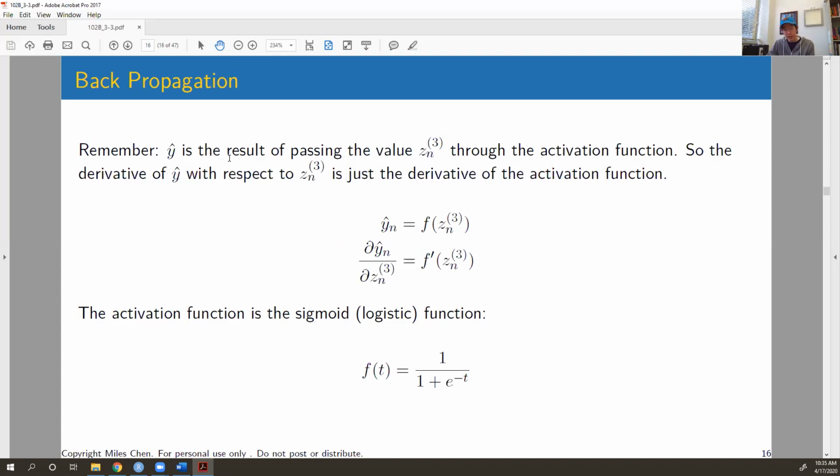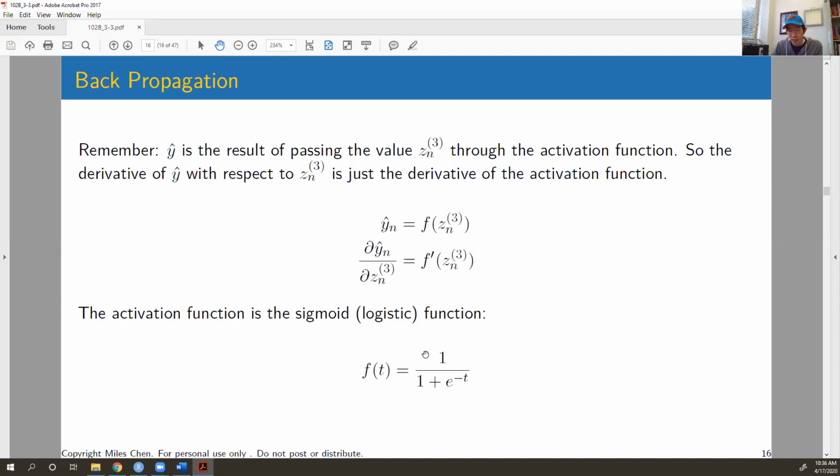Remember, y hat is the result of passing the value of z through the activation function. So the derivative of y hat with respect to z, in that third layer, is just the derivative of the activation function. If we say y hat is equal to f of z, then dy hat/dz is going to be f prime of z, right?